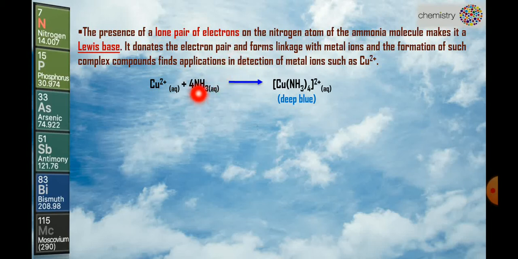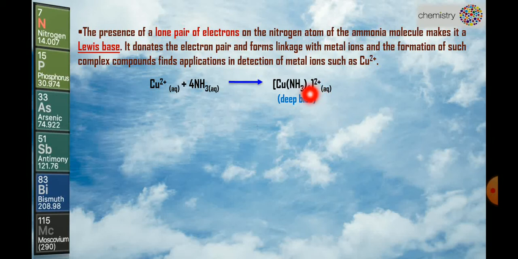Ammonia has a lone pair of electrons that is donated, and this forms a linkage with metal ions. For example, the ammonia molecule donates its pair of electrons to a metal ion, for example, copper 2+ ion. There is a formation of a complex compound here. A coordination complex is formed, the complex ion [Cu(NH3)4]2+.